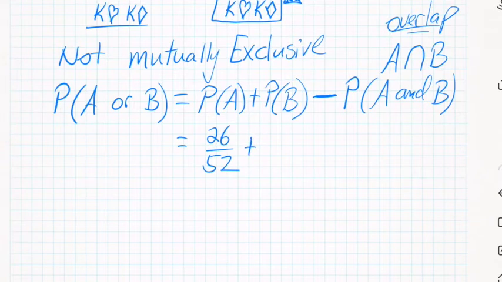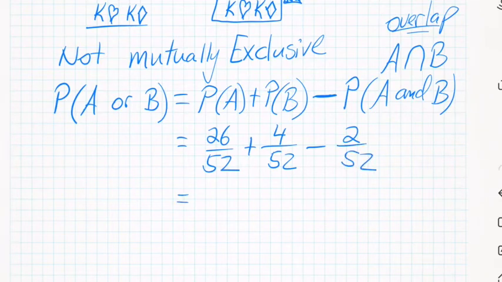Plus the probability of it being a king. There are 4 kings out of 52. And then we're going to subtract the probability of it being a red king. And we know there are 2 of them, the king of hearts and the king of diamonds, out of 52.